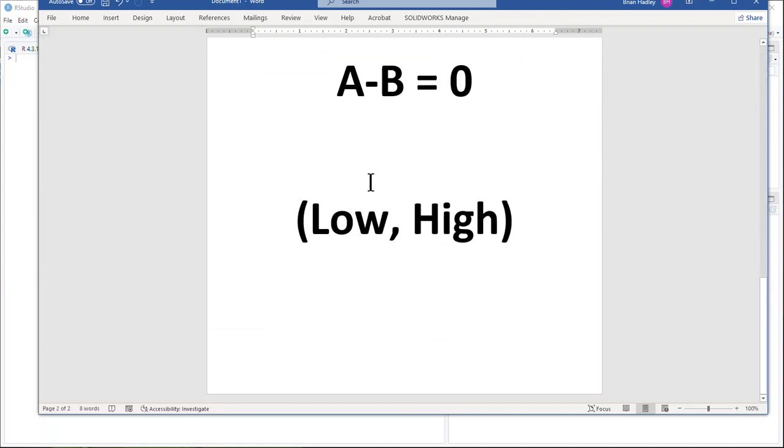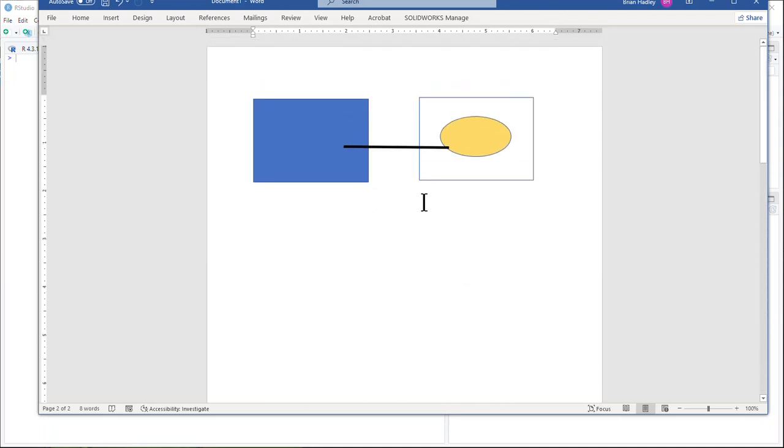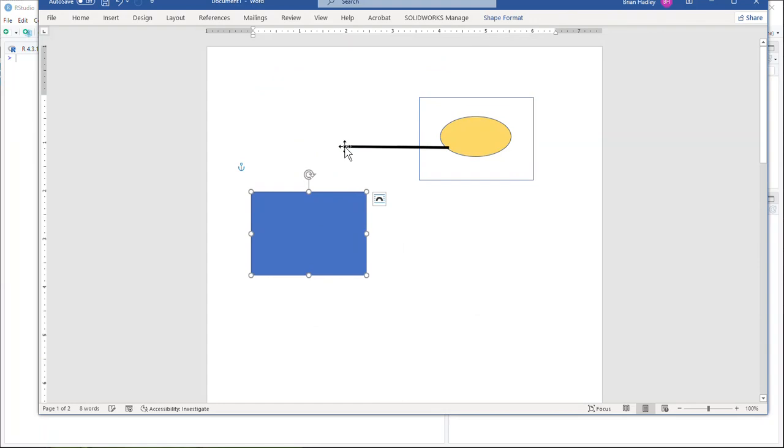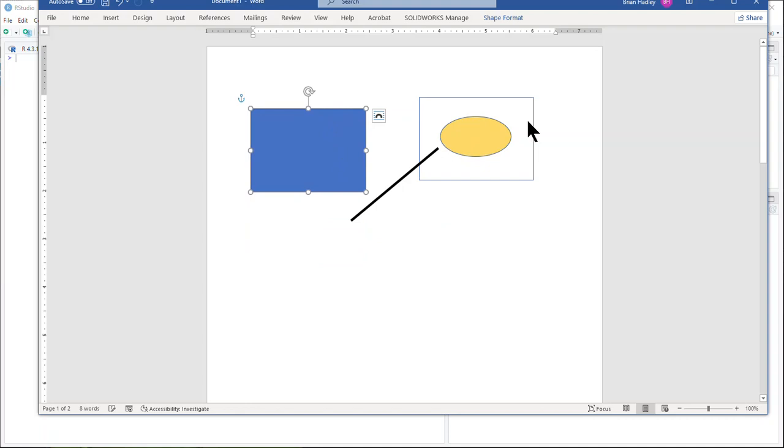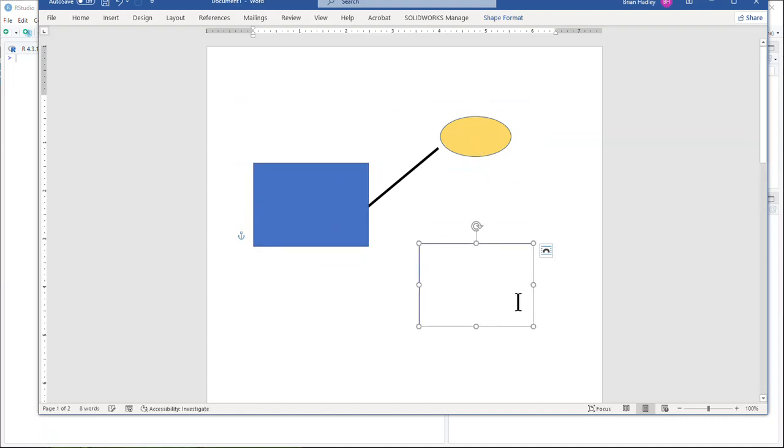But if 0 is not within my confidence interval, then I know that I have this situation where they are different. If A was bigger than B, I would have this situation, but they're different. If A was smaller than B, I would have the other situation, like this.